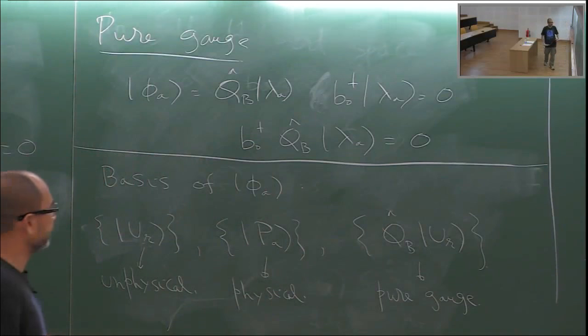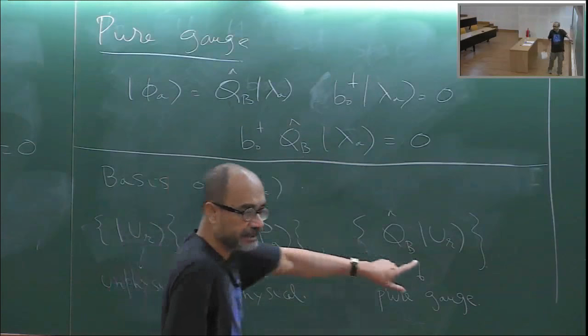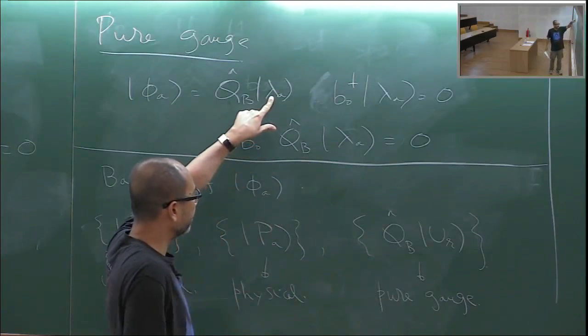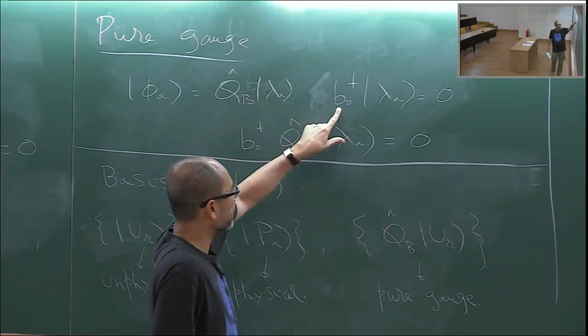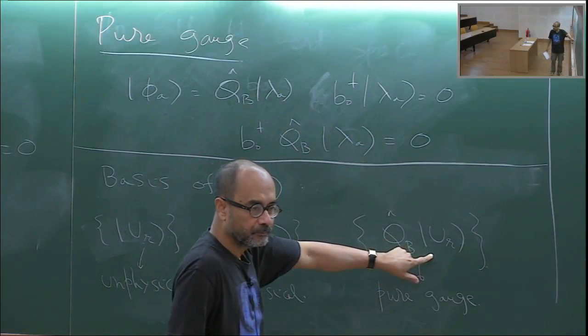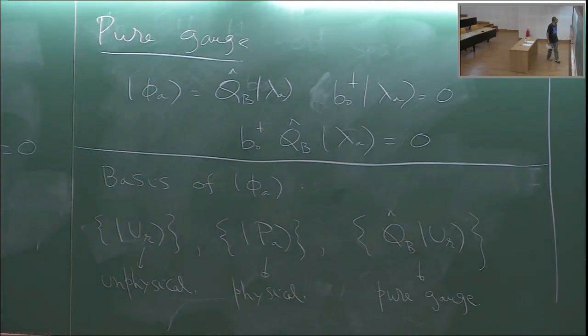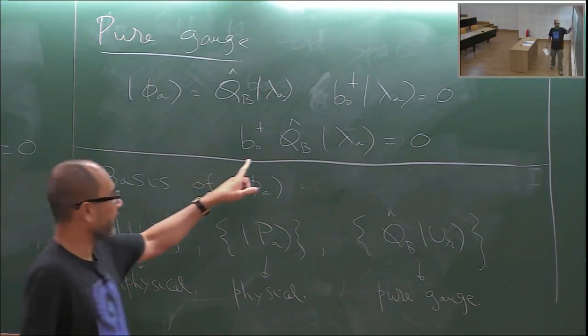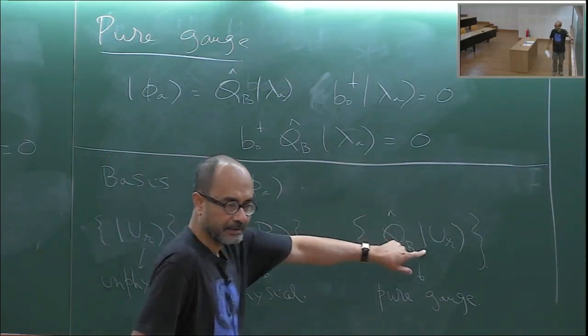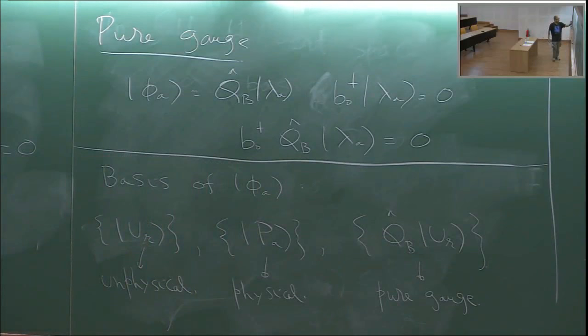What is the definition of a pure gauge state? It should be writable as QB hat on something, which it is. And what does that something have to satisfy? It has to satisfy that B naught plus lambda equal to 0. So B naught plus U R should be 0, which of course is true because U R is an unphysical state which satisfies already that B naught plus on U R equal to 0. And it has to satisfy B naught plus QB hat on U R equal to 0, which of course it does because this is one of the conditions on the unphysical states.